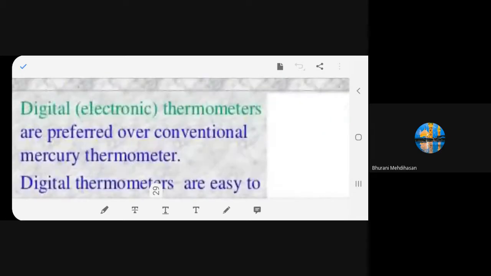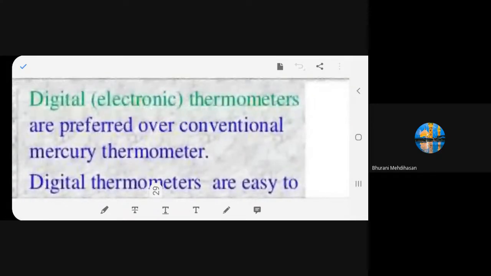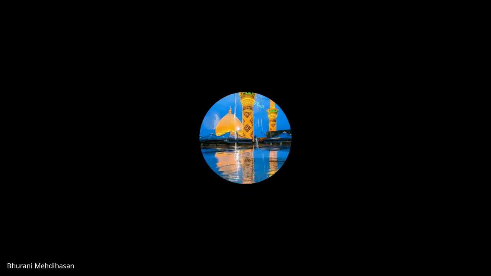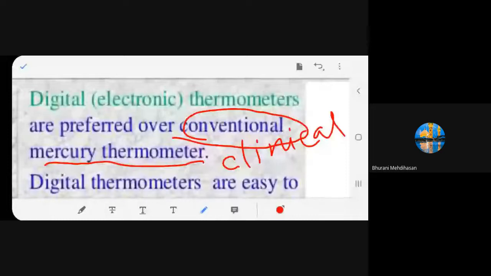Now, these digital electronic thermometers are nowadays used by most people. Why? Because they are mercury free. What is the meaning of conventional? Earlier, everybody was using mercury, and it's conventional because everybody was using it.